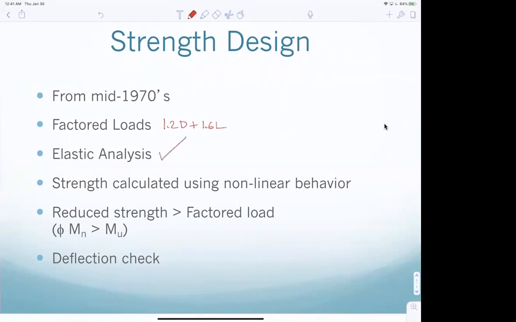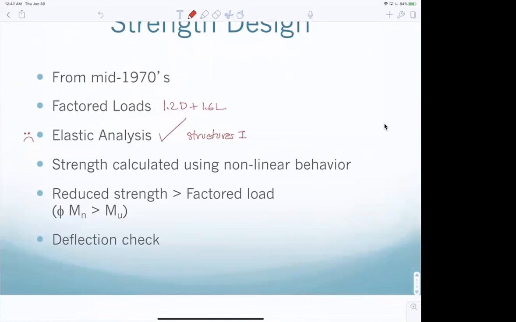We use elastic analysis. So this is structures one. You can do different things for the structural analysis, and we'll talk about that when we get to the design project. So this is probably not correct. You shouldn't be doing that.